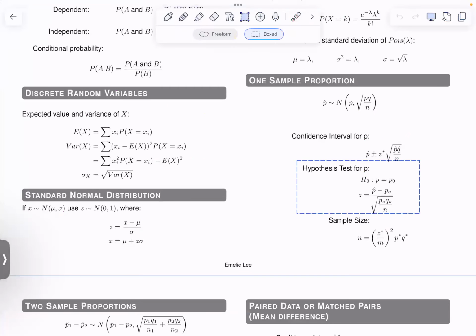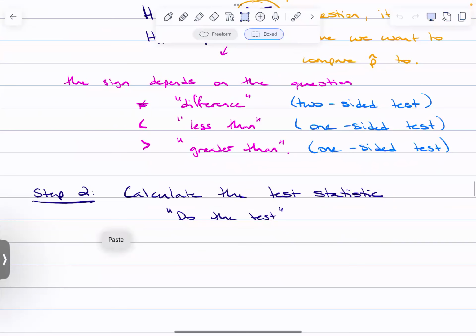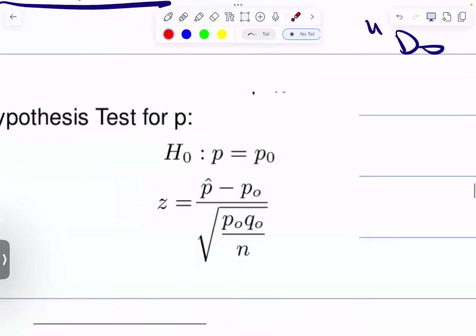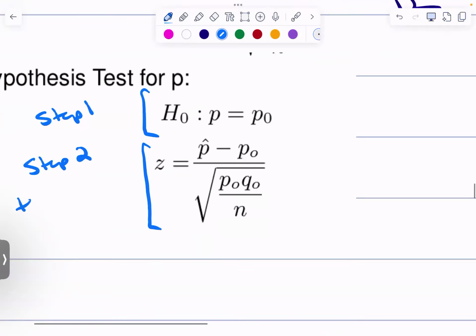So if you're doing a hypothesis test, then for all the different question types, I give you step 1-ish, kind of a general version of step 1, state your hypotheses. And I also have to give you how to calculate the test statistic. Right. So here, this is step 1. And this is step 2, the test statistic.